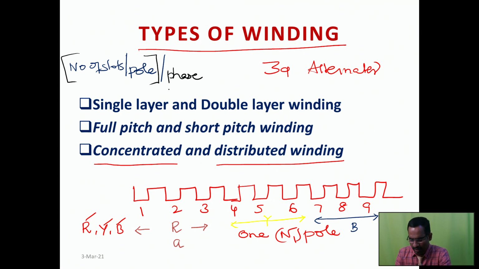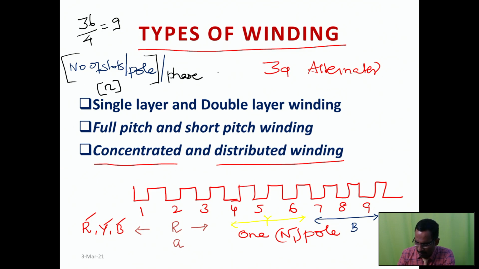It is a numerator, it is a denominator. So the number of slots is 36, the number of poles is 4, then it is 9. This 9 is nothing but our small n, pole pitch.